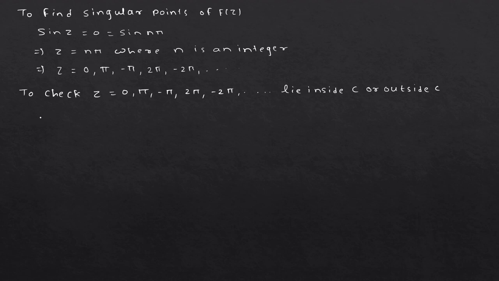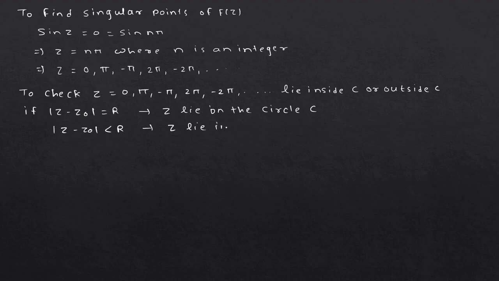We have the general rule for that. If modulus of z minus z0 equals r, then z lies on the circle C. If modulus of z minus z0 is less than r, then z lies inside C. And if modulus of z minus z0 is greater than r, then z lies outside C.